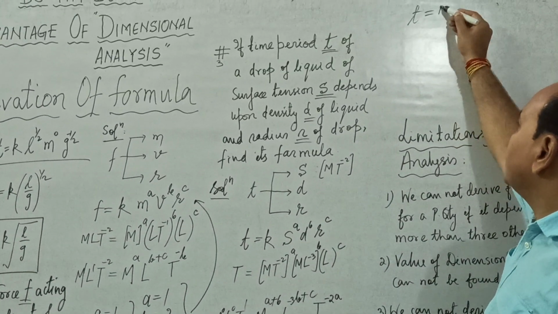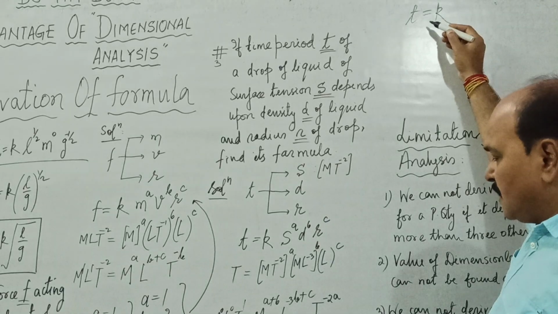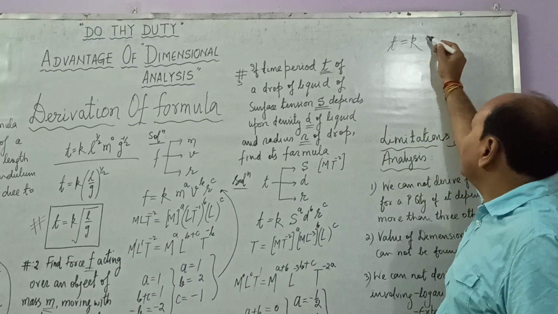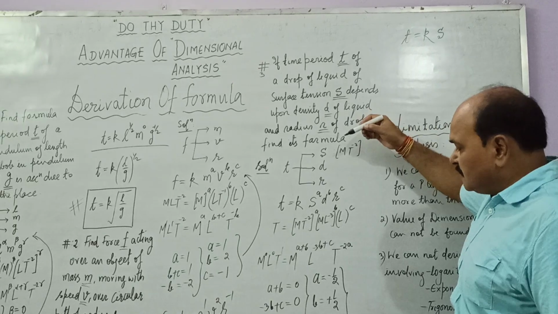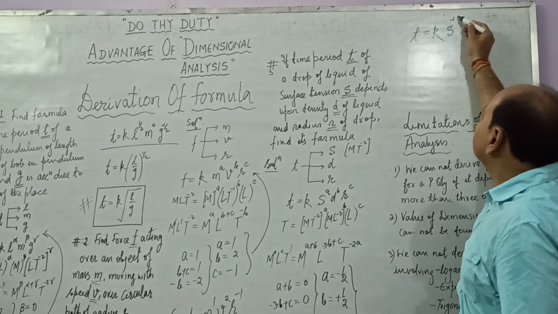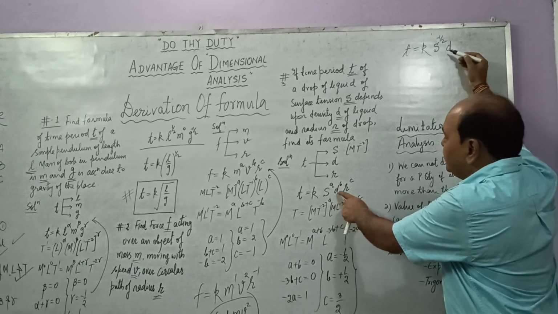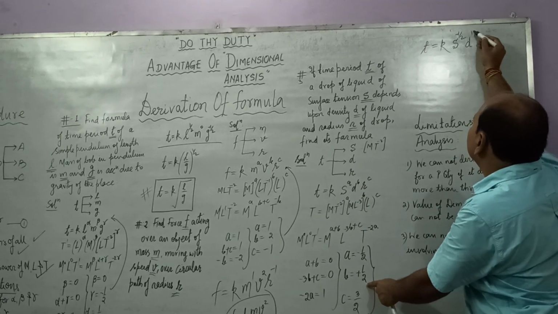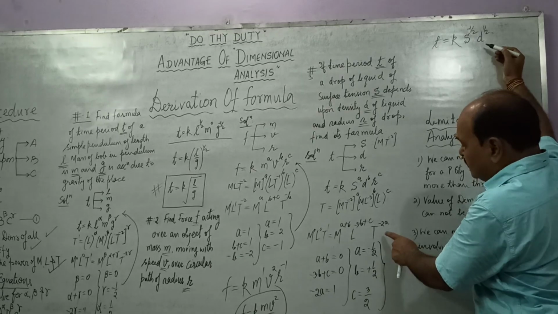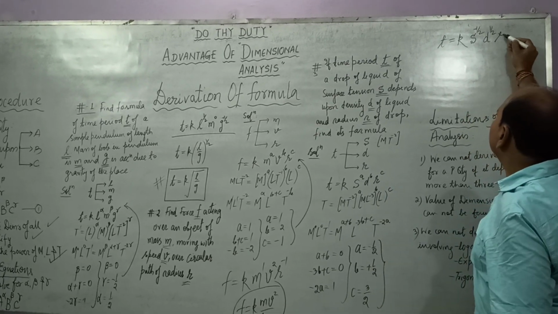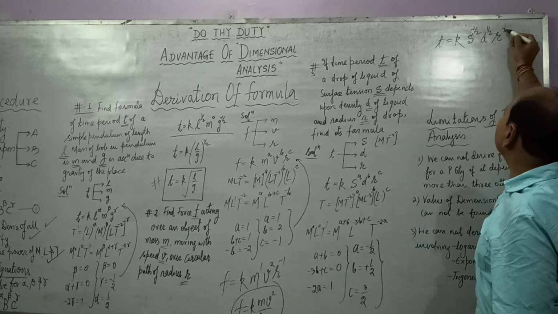And if we substitute all these values in the unrevealed formula, what do we get T as? We get T as K times S to the power A, A means minus half, and then D to the power B, and B is plus half, and then R to the power C, and C is 3 by 2.